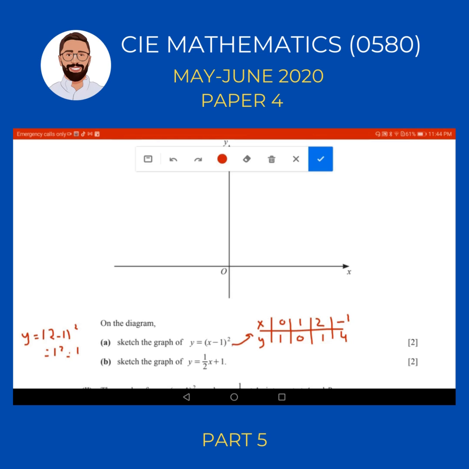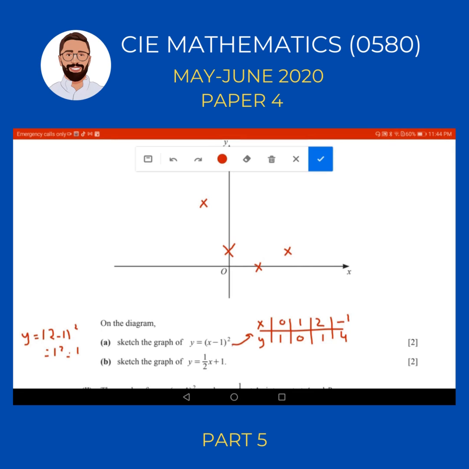So when x is 0, y is 1. So let's say this is x 0 and 1. When x is 1, y is 0. So this is x 1, y 0. When x is 2, y is 1. And when x is negative 1, y is 4. So it's almost here.